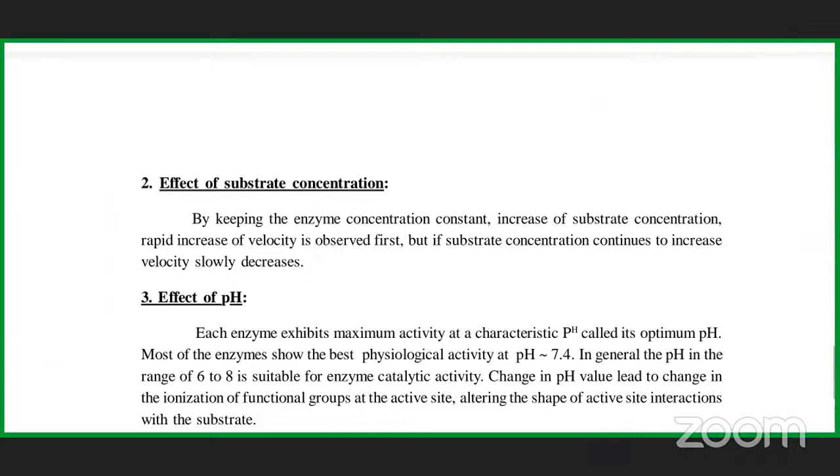Though substrate molecules are available, the enzymes are not sufficient to convert that substrate into products. So initially you see a tremendous increase in the rate of the reaction, and at the optimum point the rate stops increasing.